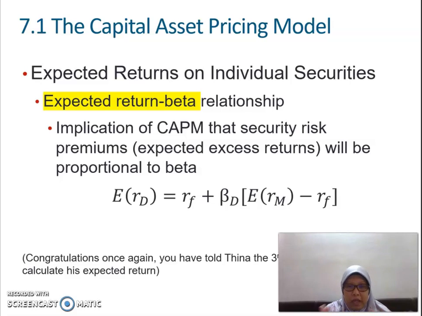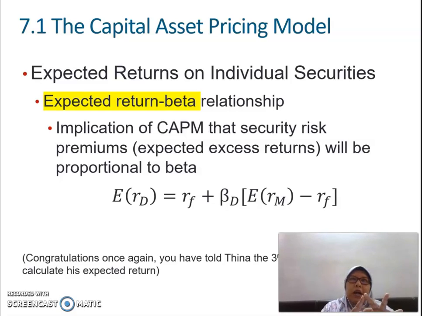So to recap for the first video, you should have understood that in advising Tina, there are three ways of calculating his expected return. The first one is relating his expected return with his bravery level. Second is relating the market portfolio, which Tina might have indexed, with expected return.